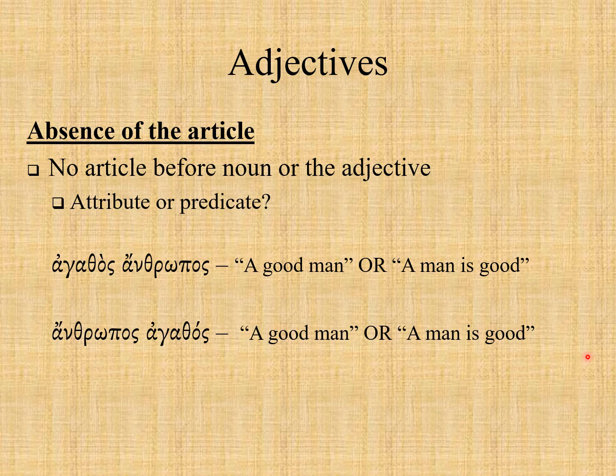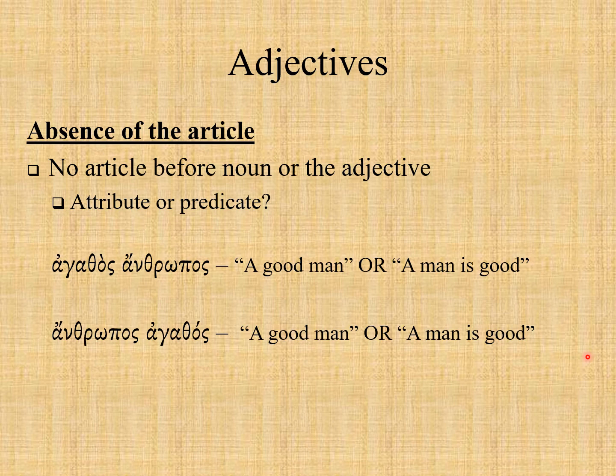Notice there are no articles in front of either one, the noun or the adjective. And you might ask, how can we know if we should translate it as a good man or a man is good? As attribute or predicate? Now, there's only one answer to that. It needs to be determined from the context.